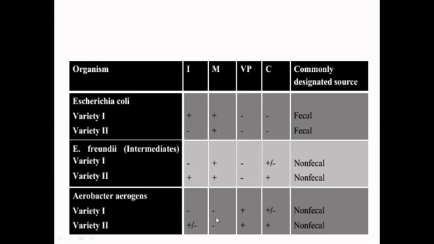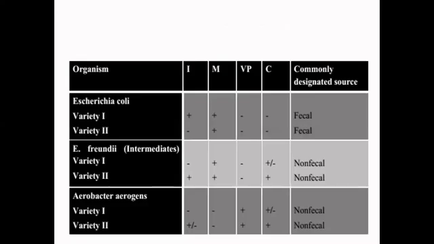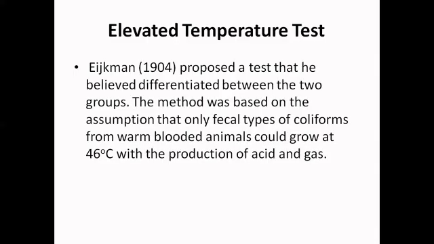They confirm whether the coliform is fecal or non-fecal. So we can confirm from these tests whether the source of coliform in the drinking water supply is fecal or non-fecal.